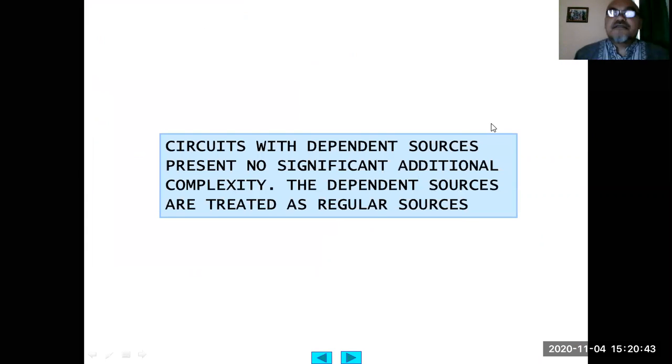Circuits with dependent sources present no significant additional complexity. The dependent sources are treated as regular sources, but then you put an additional constraint equation to explain the connection of the value of that dependent source with the value of another electrical parameter within that circuit.